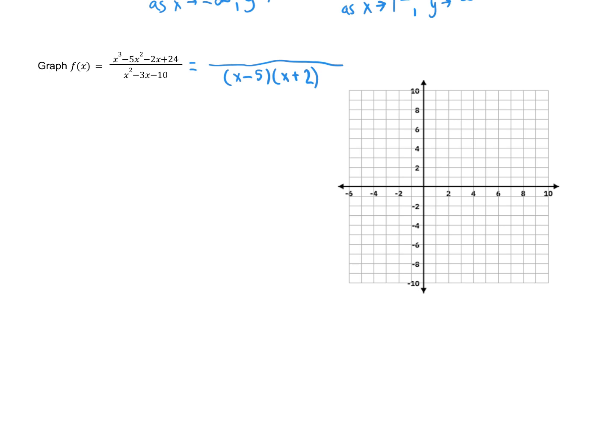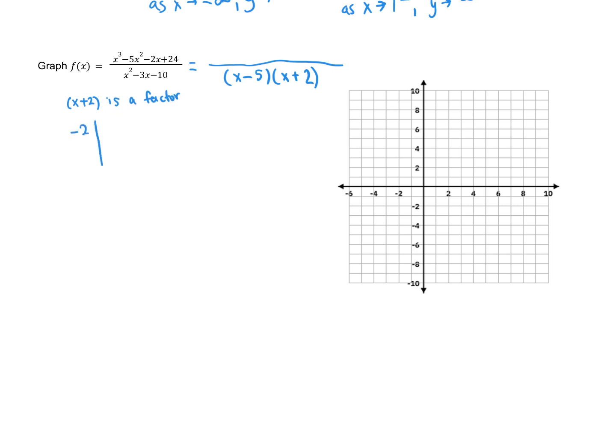For the numerator, since it's cubic, we are going to have to use our factor theorem and division to get that going. So when I plug in -2 into the numerator, I will get 0, which means x plus 2 is a factor.